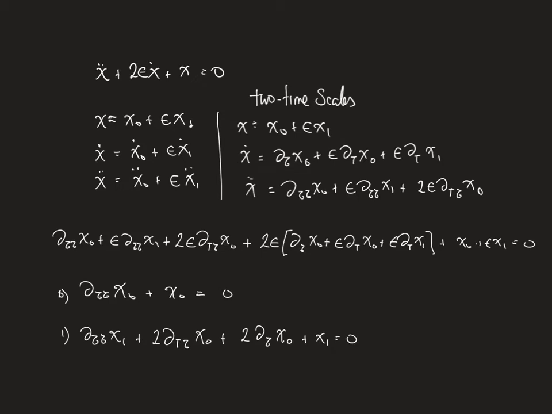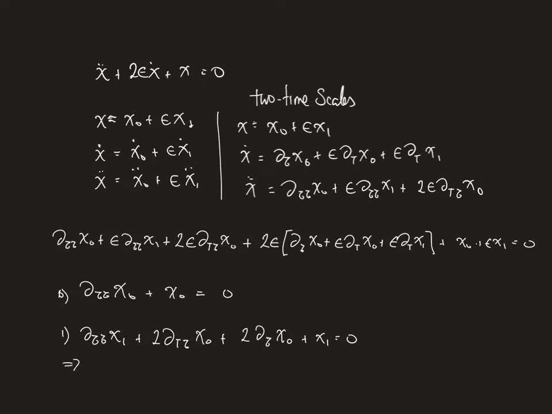And the idea now is to reorganize these equations, so put at the left hand side what we don't know, and at the right hand side what we do know. Here there is nothing at the right hand side, so this will have to be solved, and from this we will obtain x naught. And x naught is actually in here 2 times, and we will put this at the right hand side.